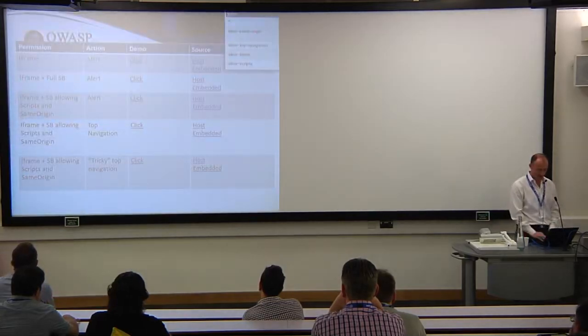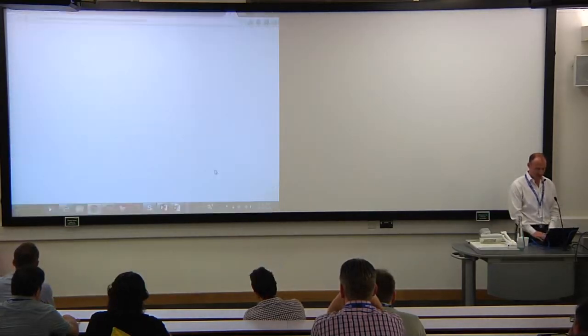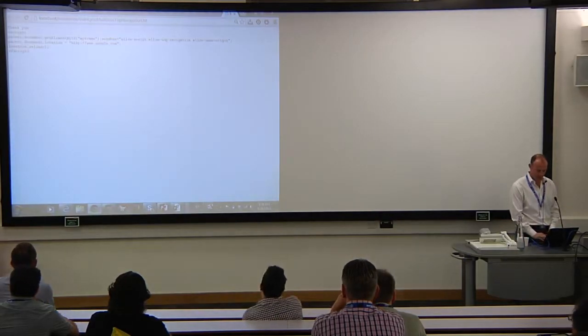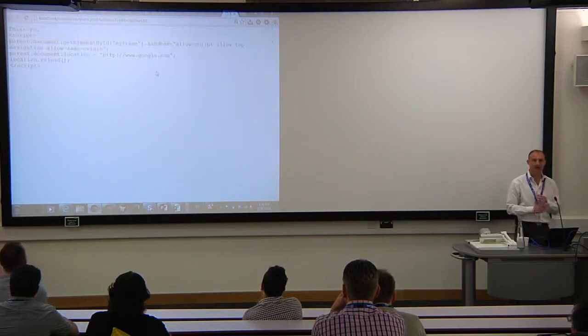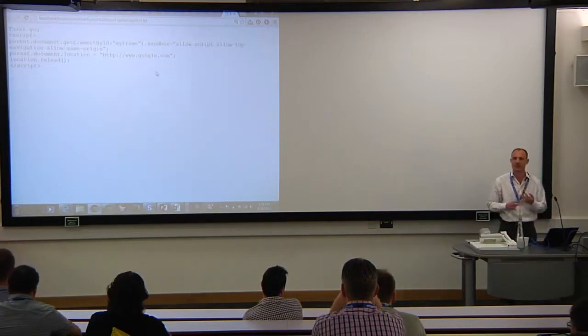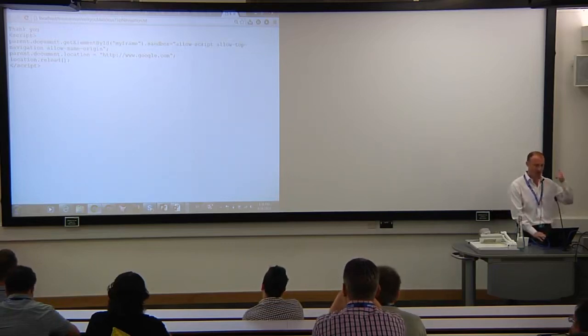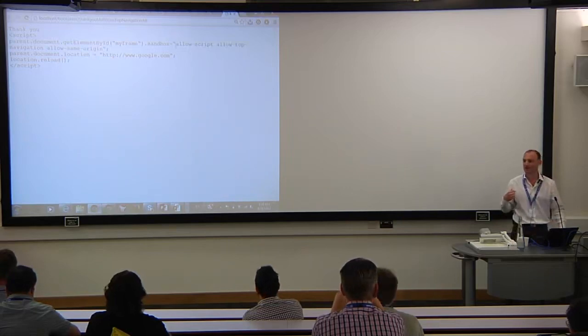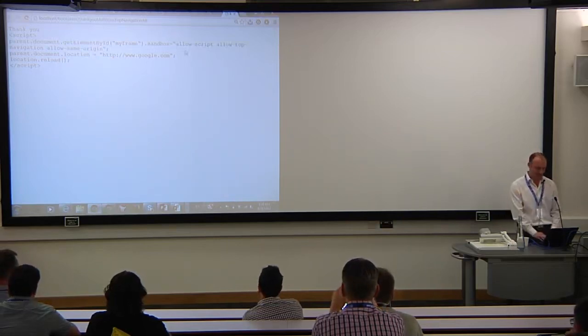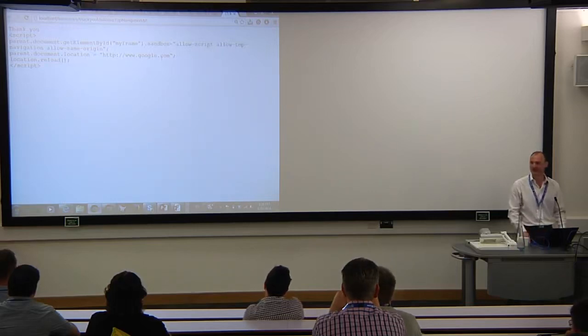And now we get to the really nice part. Let me just change a bit to zoom in. The fact that I'm allowed to run scripts and to interact with my parent actually allows me to parse my parent's DOM, to find myself as an iframe, to change my own sandbox policy, to add the allow top navigation property, and then to navigate out to a different site.